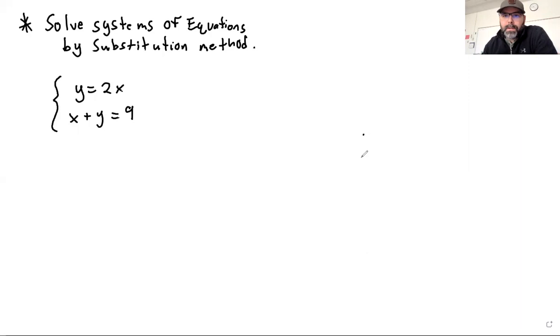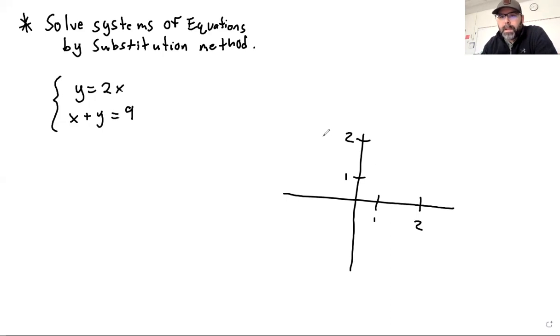So what are the limitations of graphing? Well, here's the limitation. Let's say we graph them. Let's say this is 1 and 2. Don't write this down. What if our system intersects like this? Let's say it intersects here.